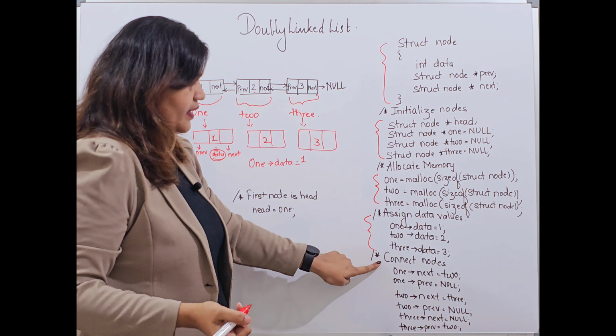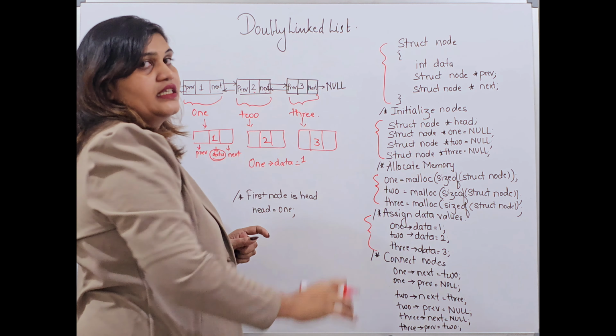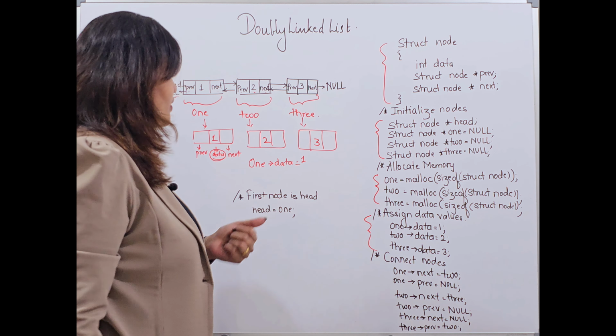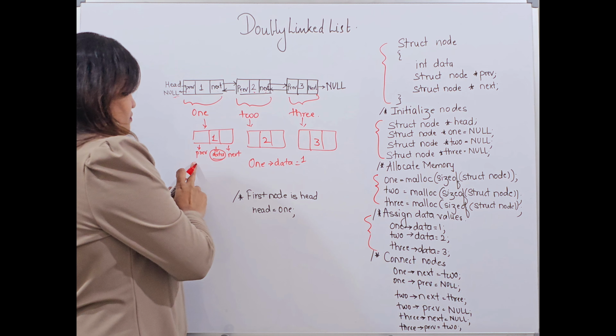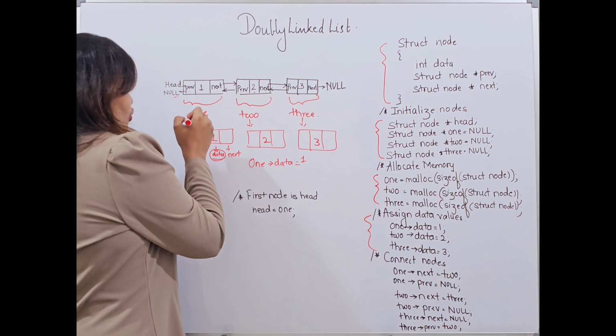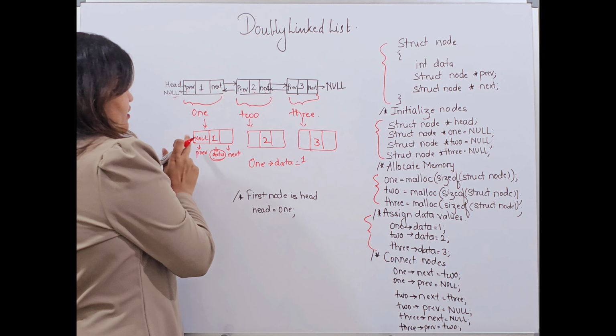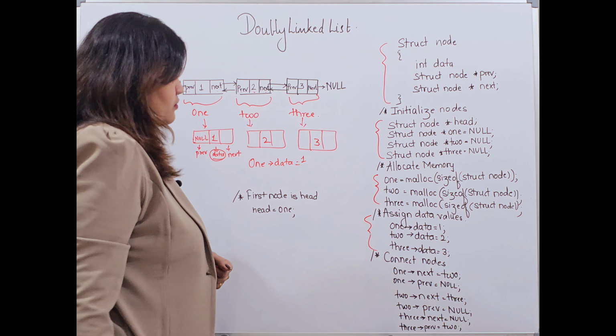Now the next part that I'm doing is connecting of nodes. Now I need to connect this node so that I see the doubly linked list concept. How am I going to connect? Now as we know, previous for your first node is null. Why? Because there is no node connected to this, right?